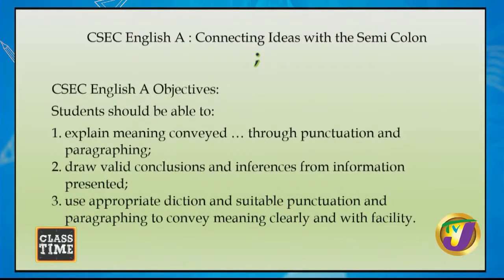You are expected to explain meaning conveyed through punctuation and paragraphing, draw valid conclusions and inferences from information presented, and use appropriate diction and suitable punctuation and paragraphing to convey meaning clearly and with facility, okay, fluently.